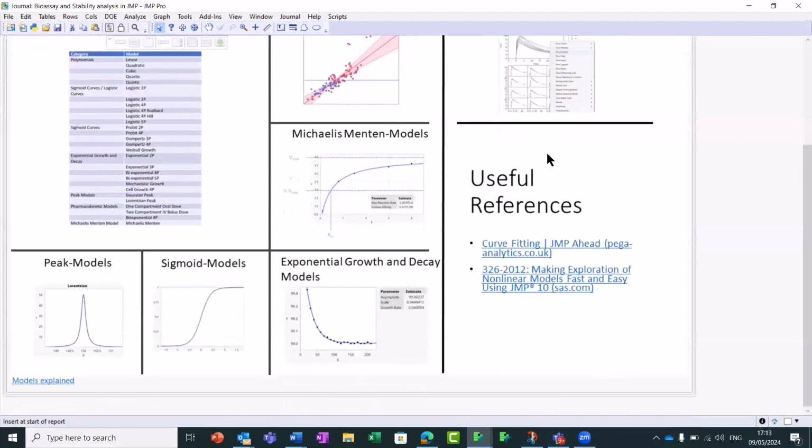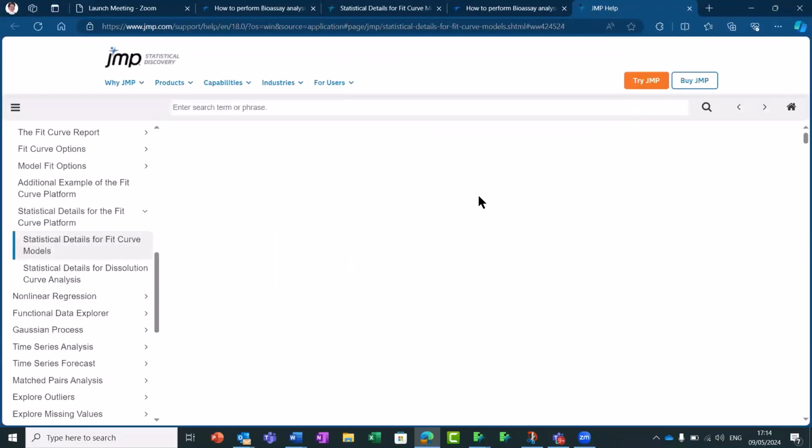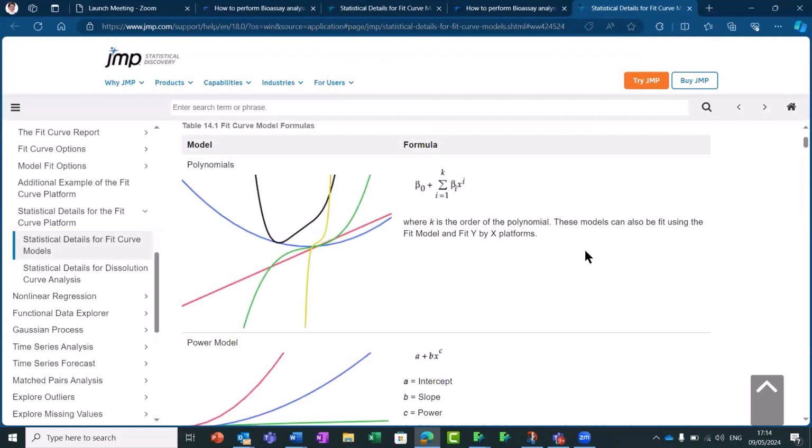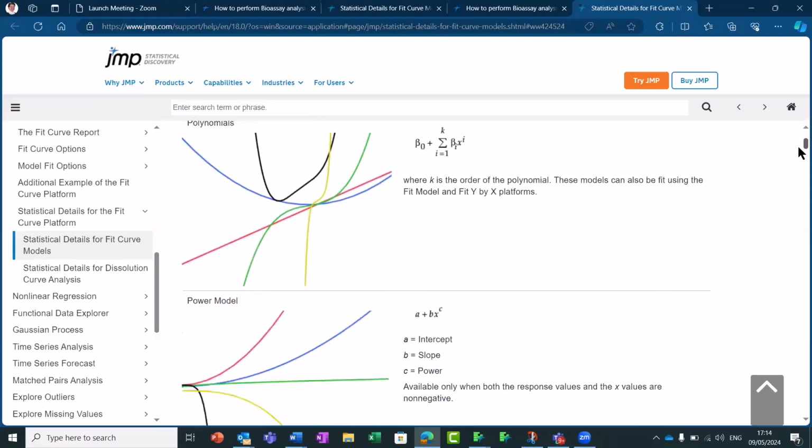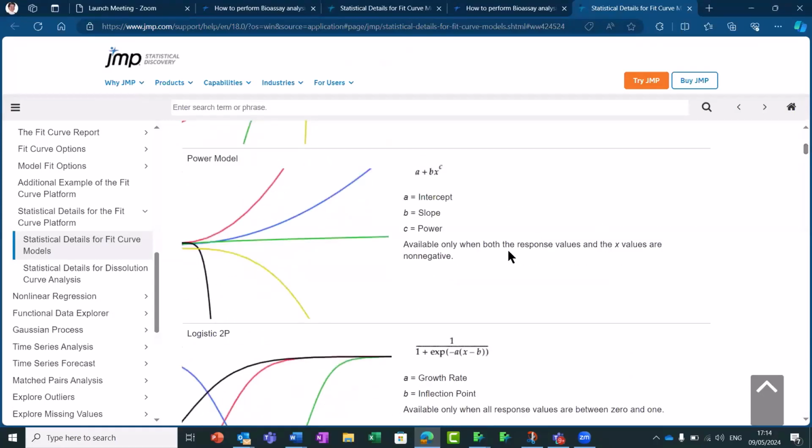And also pharmacokinetic models. In the documentation, I have a link here that points me to all the different models. Everything is very well documented in JMP. I will not go through all of that because I think it's a little bit boring, but you will find the formulas, how the models are, all the different parameters, and so forth.